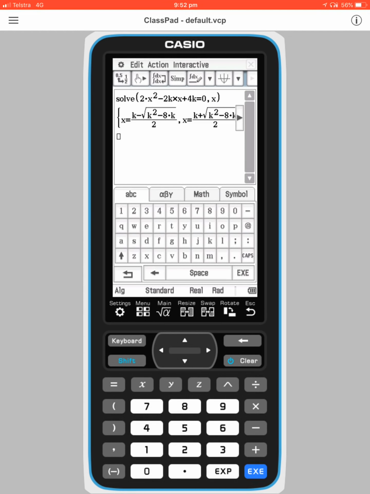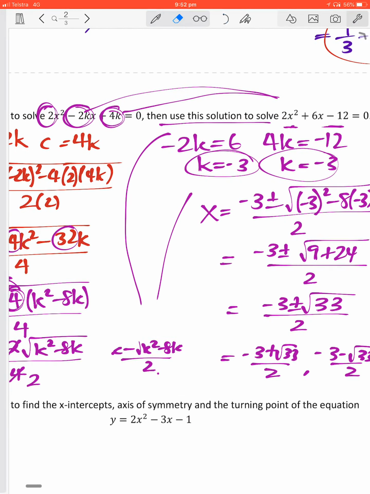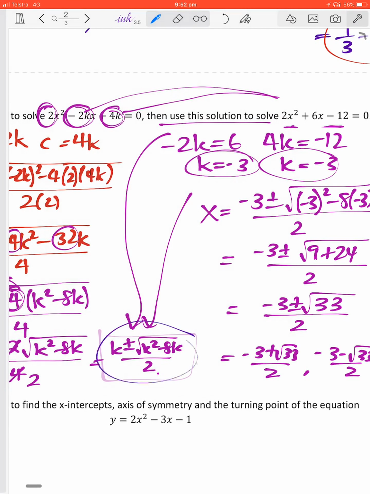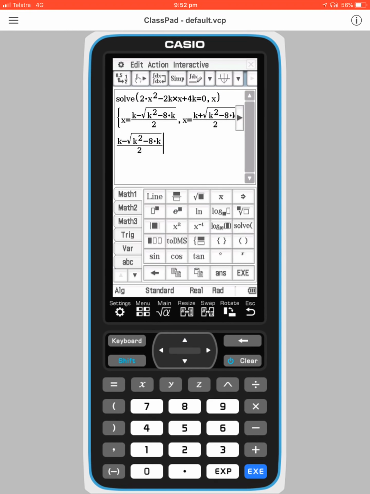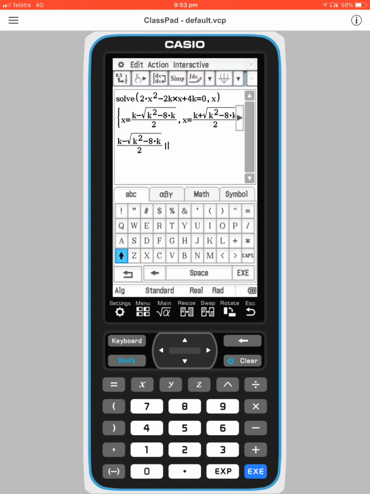If we click solve, that gives us the solutions that we found originally here. And then if we wanted to, we could say, okay, here, I want to use that equation and say given k equals -3.